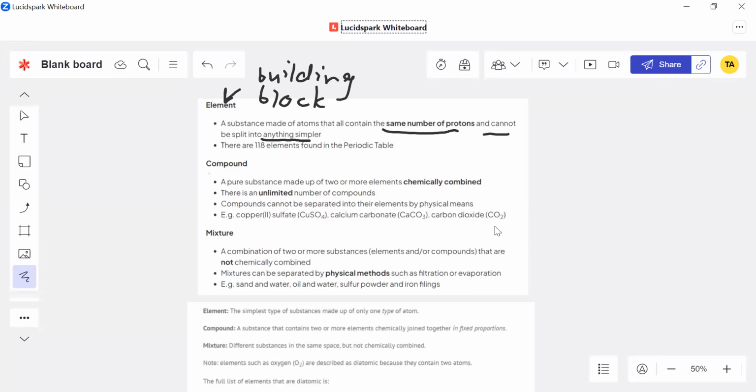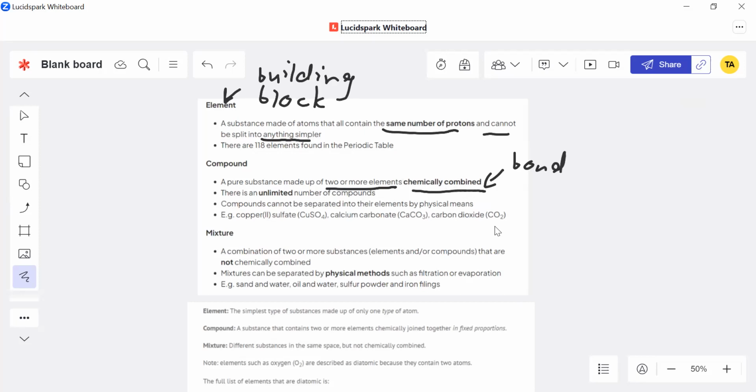But compounds are substances that are made up of two or more elements which are chemically combined. Now, this chemical combination is called a bond, and there are three different types of bonds that I'll talk about in the next class. But for now, a compound is a substance made up of two or more elements which are chemically combined.